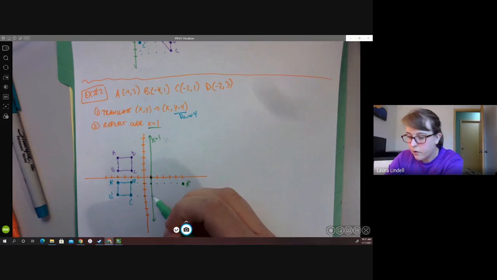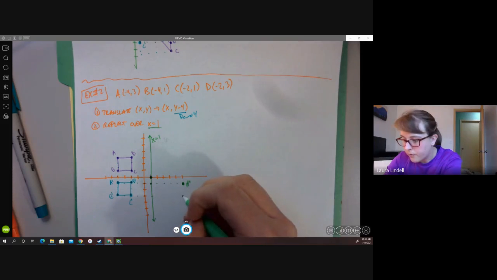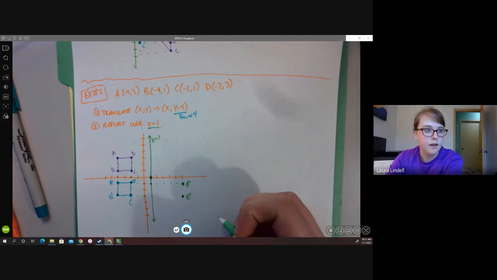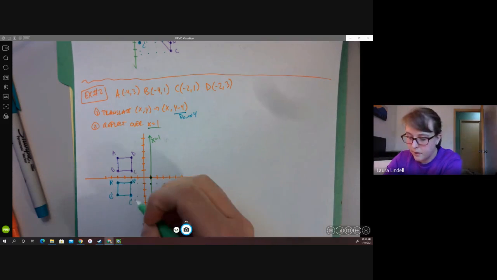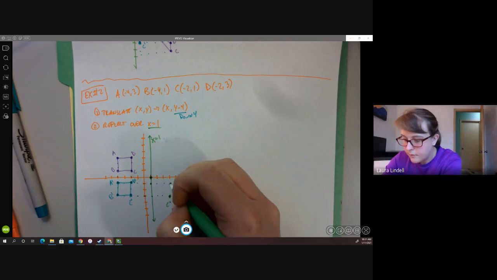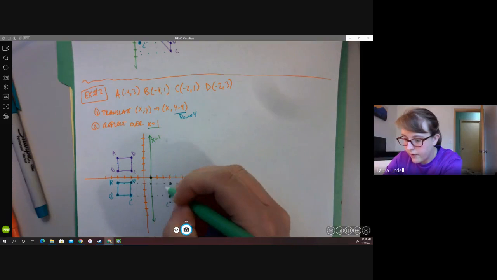So that means we have to go over 5 more and put B double prime down. For C, we have to go over 1, 2, 3. So then over 1, 2, 3 more. And then D, we'd also go over 3, and then over 3 more to get D double prime.